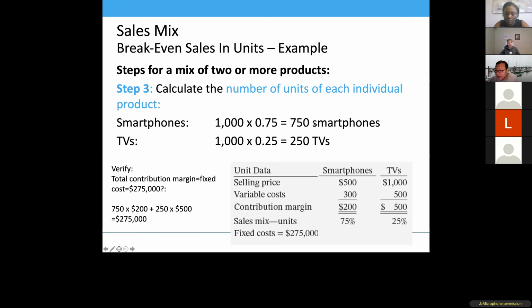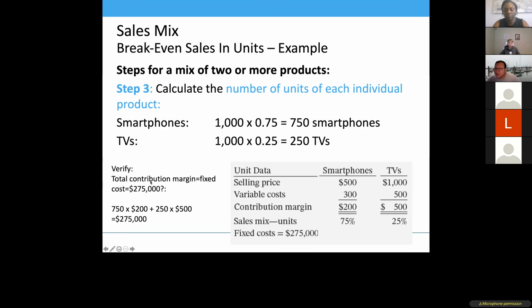Together, 750 plus 250 is your 1,000 units. So when you sell 750 smartphones and 250 TVs, this is your break-even point. You covered the total fixed cost. Is that right? Let's check it.